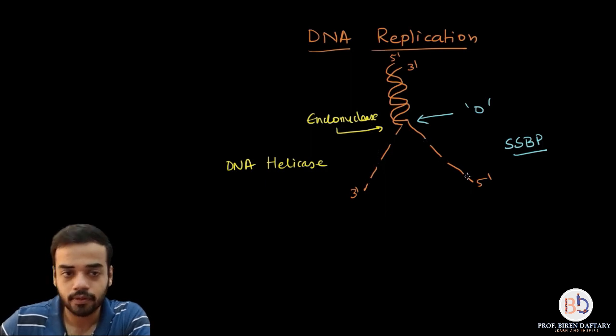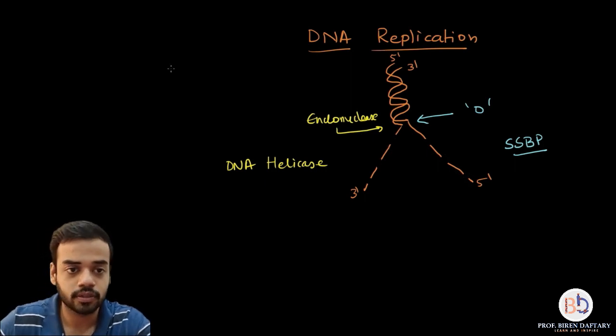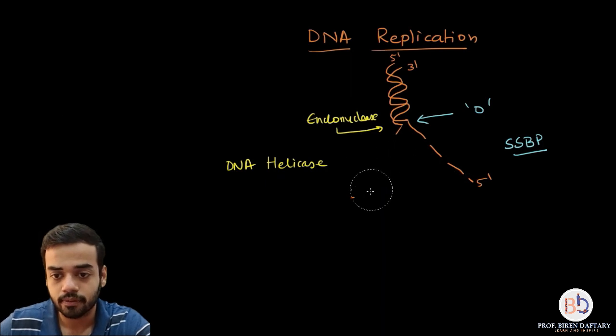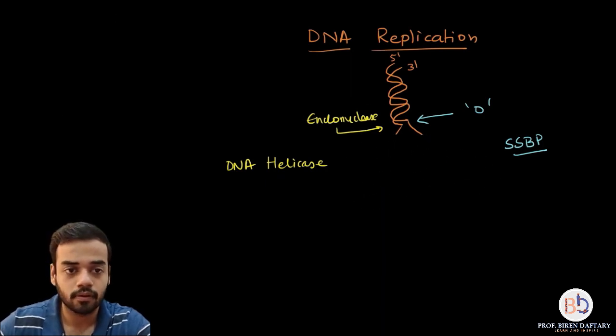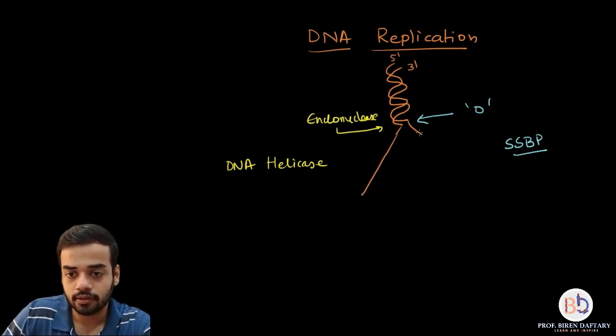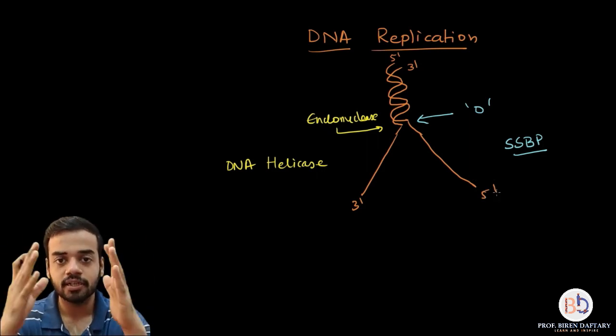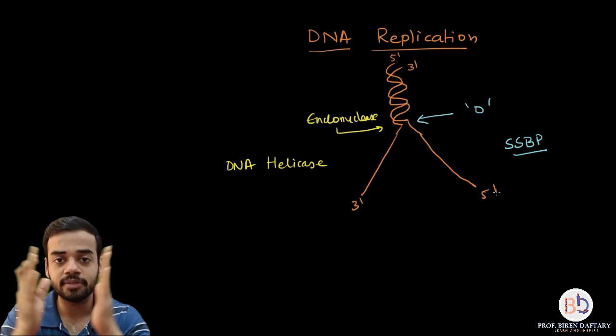Okay, and let us just draw the complete strand now, or I'll just rub this off and I'll again draw this strand. So this is one strand, this is your other strand, this is 3 prime, this is 5 prime. So SSBP are attached, they'll prevent the strands from re-annealing. Re-annealing means rejoining.